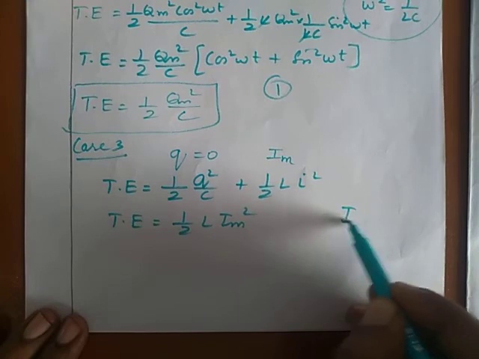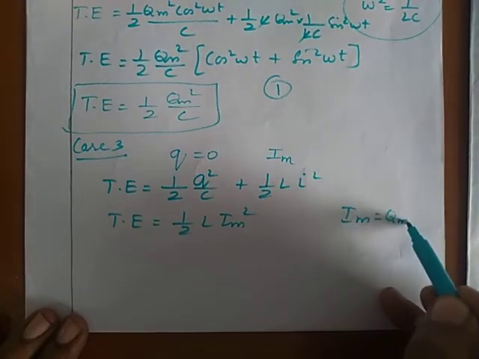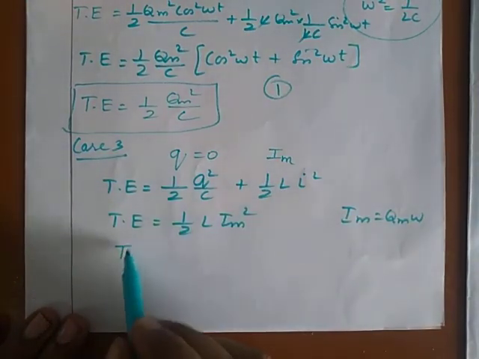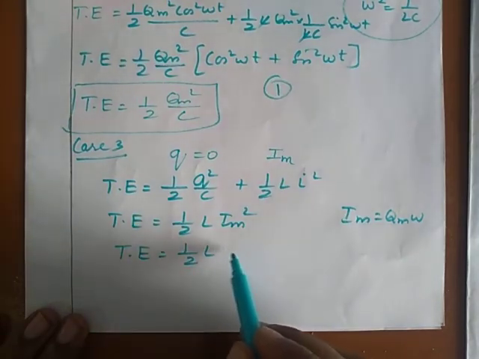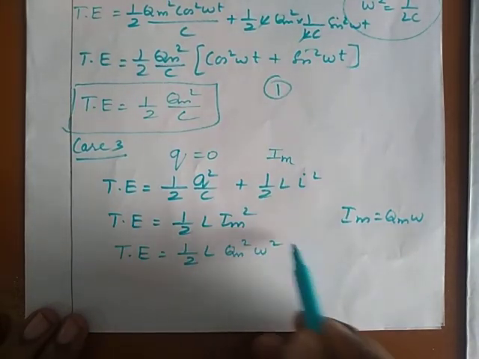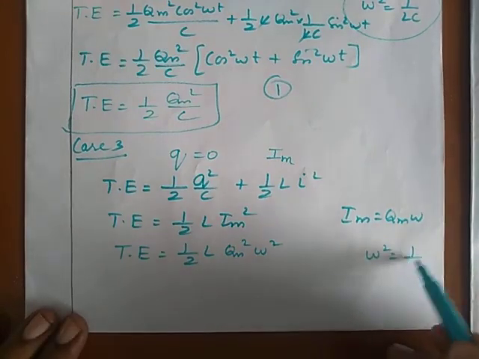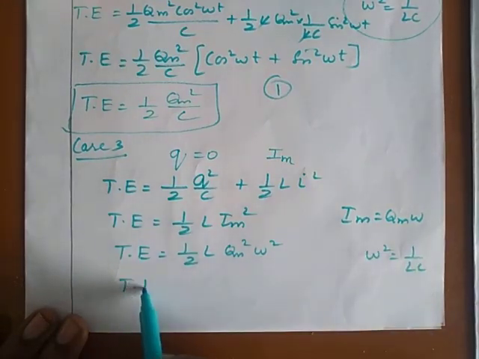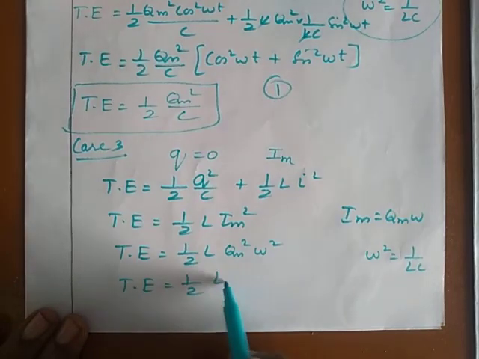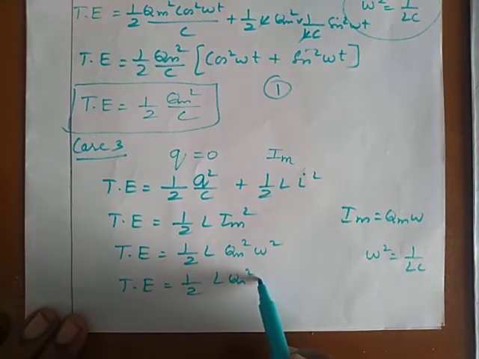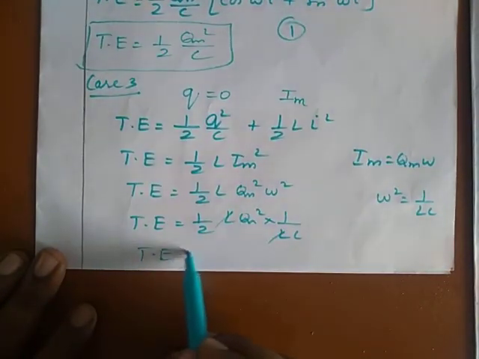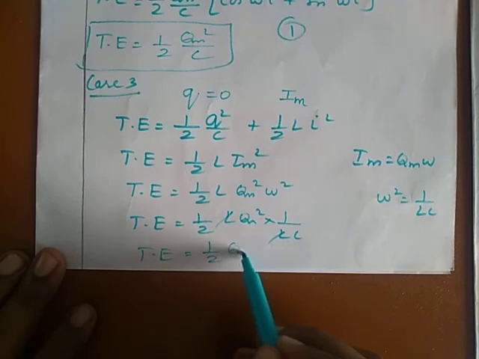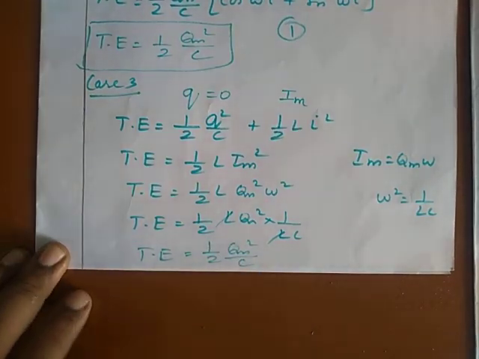We know Im is equal to Qm omega, so the total energy is equal to 1 by 2 L Qm square omega square. Omega square is equal to 1 by LC, so the total energy is 1 by 2 L Qm square into 1 by LC. L cancels, and finally we get the total energy equal to 1 by 2 Qm square by C.